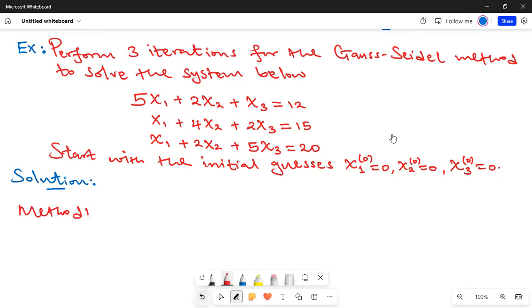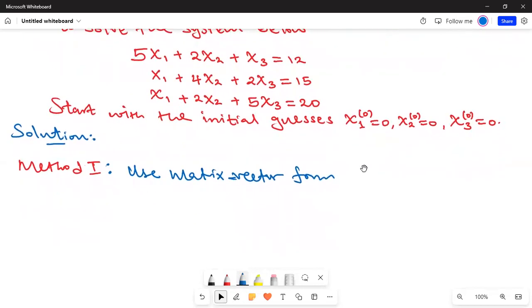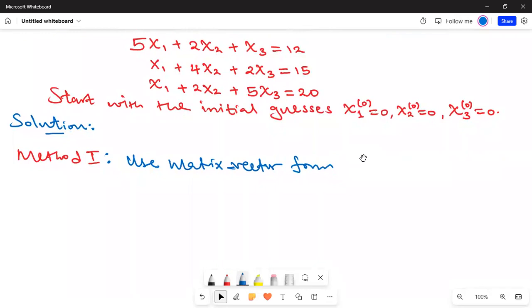In method 1, we are going to use matrix vector form. So what it means, we are going to write our system in matrix vector form, and then we apply the alternative formula for the Gauss-Seidel method.